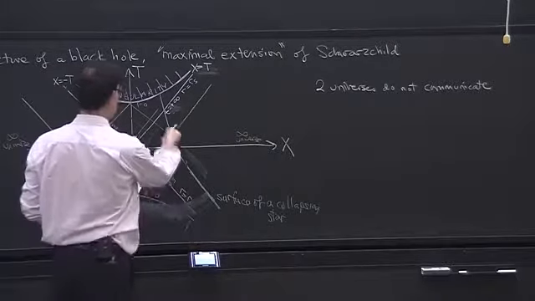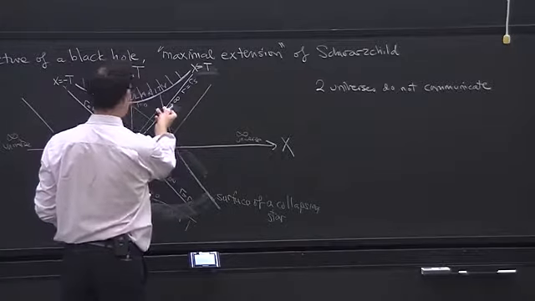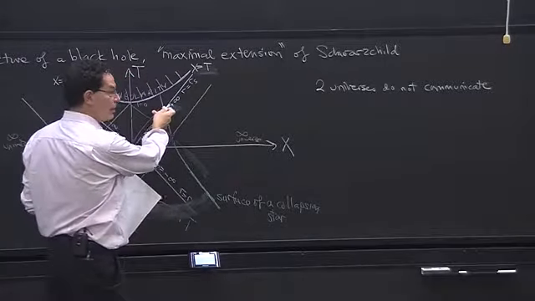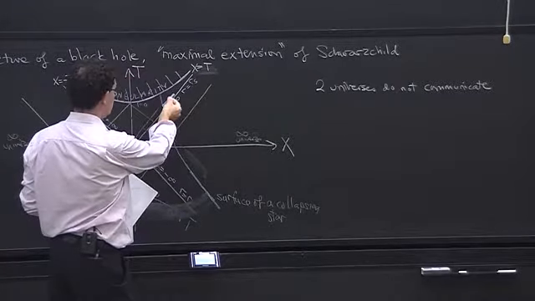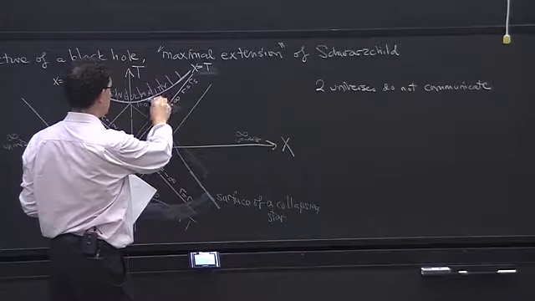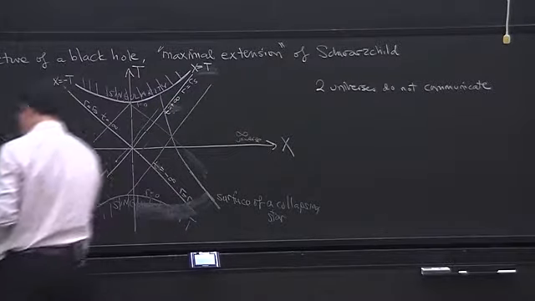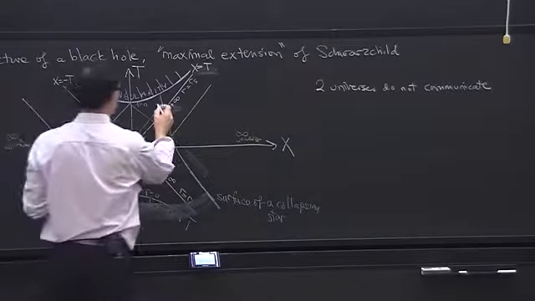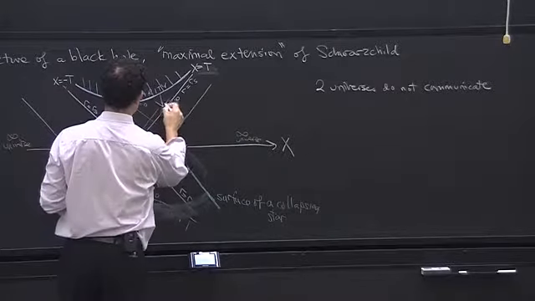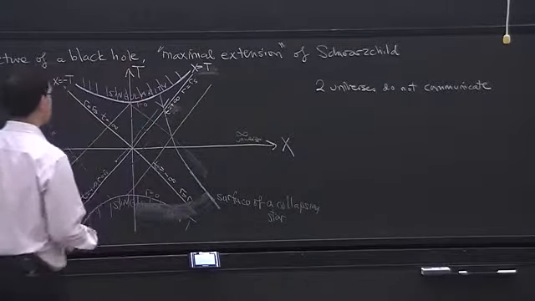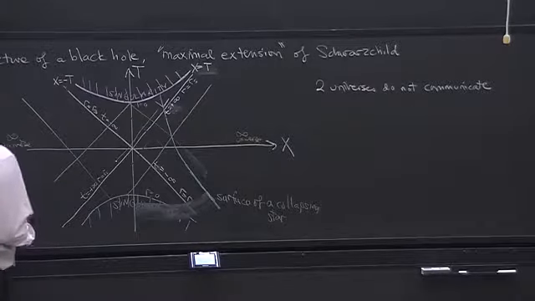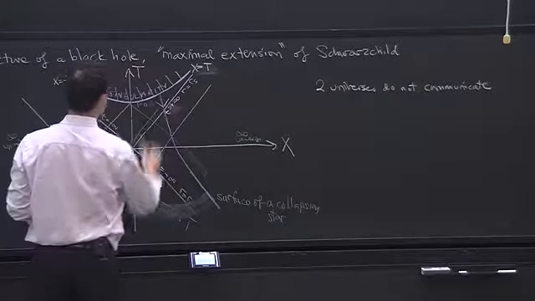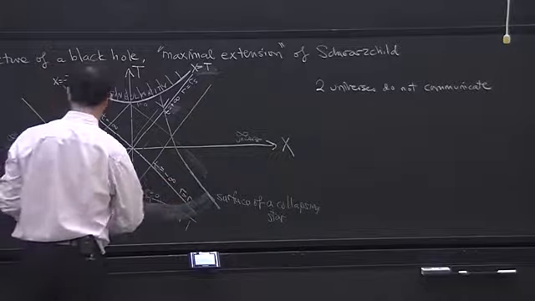Okay, there's nothing they can do, because once they're across this horizon, they have to move within the light cone. Okay, they're time-like geodesics, they have to go less than the speed of light. And so there's no way they can avoid hitting the singularity.